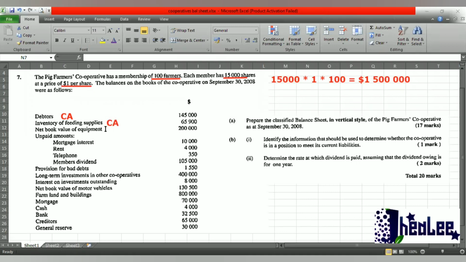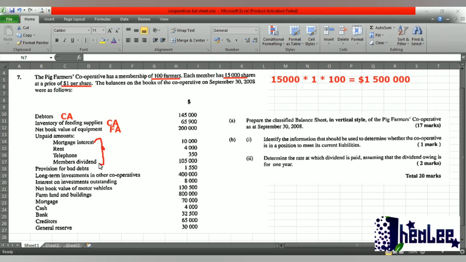Net book value of equipment, that is a fixed asset. We have some amount of items outstanding there, and this means that these items are in arrears, they are outstanding, they are not yet paid, they are owing. And the following items: mortgage interest, rent, telephone, members, dividend, these are owing by the business. So therefore, they are classified as current liabilities.